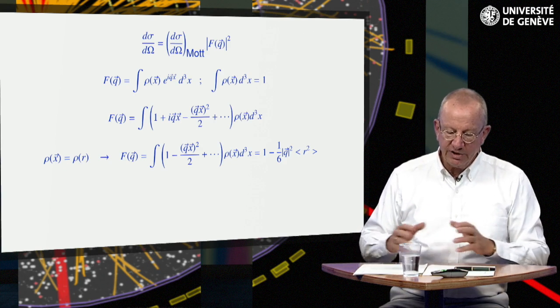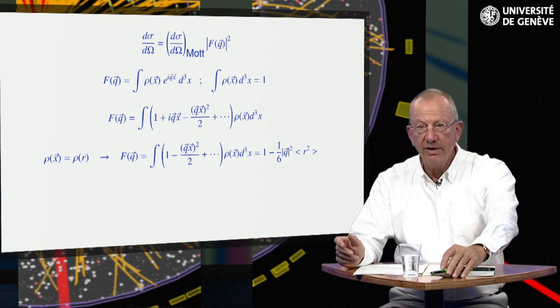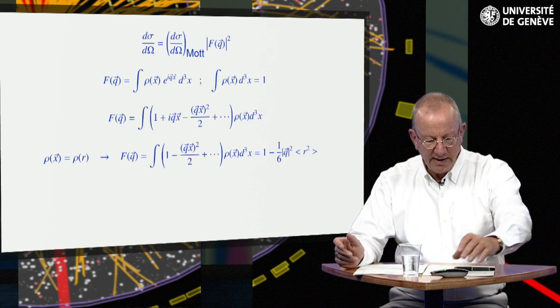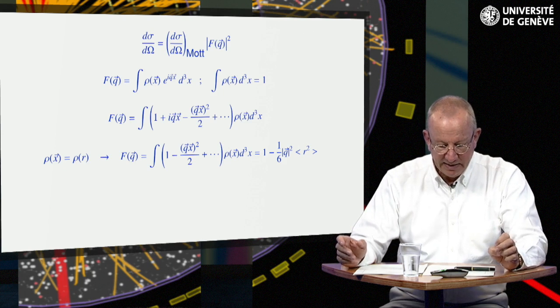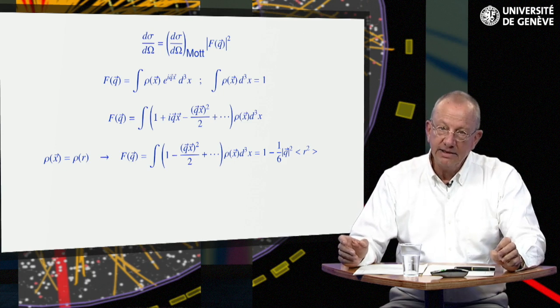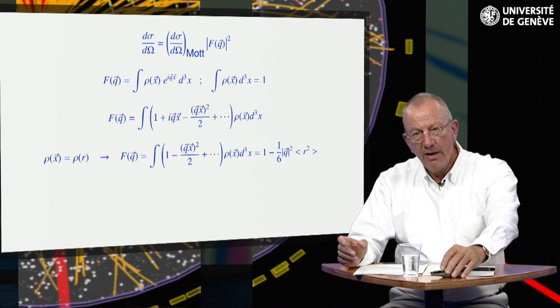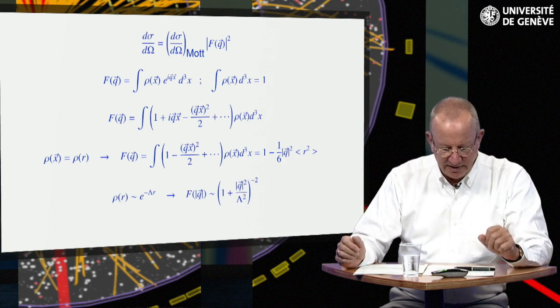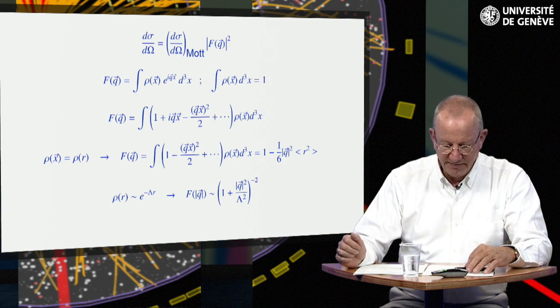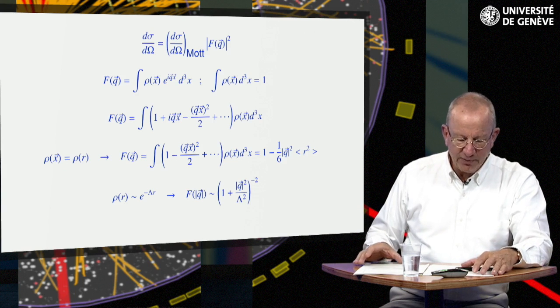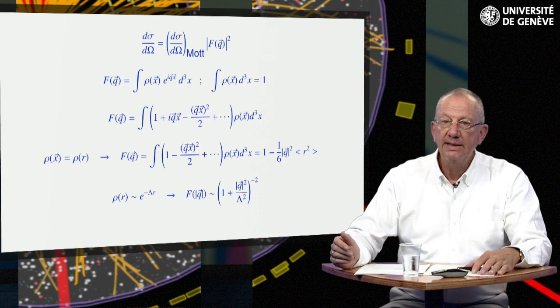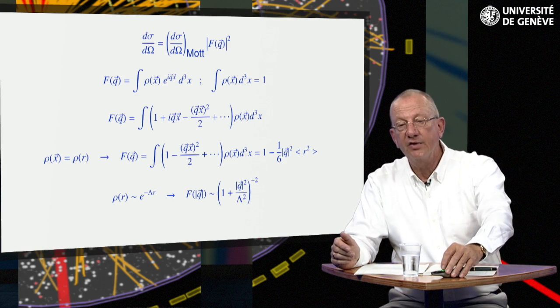Thus, the form factor measures the mean square radius of the charge distribution, r squared mean, which represents the size of the distribution. Take, for example, an exponential distribution as a function of distance. It leads to the so-called dipolar form factor that is shown in the last formula on the right.